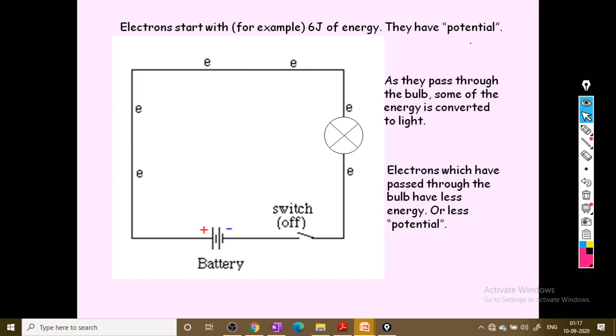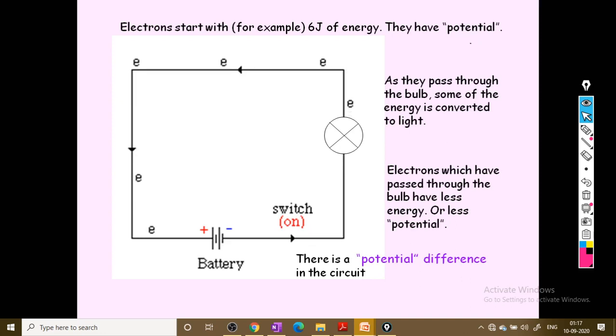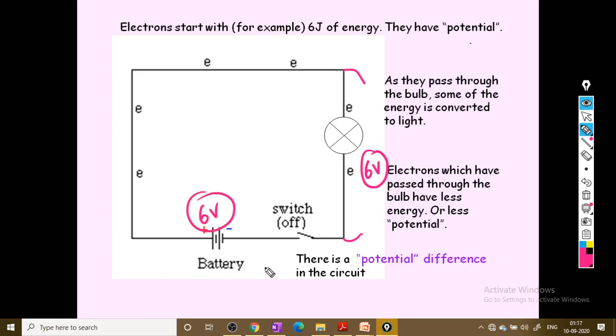As they pass through the bulb, some of the energy is converted into light energy. The electrons which have passed through the bulb, their charge is used by the bulb. Now they have less potential energy. If I measure the potential difference here and here, it will be 6 volts, if this cell is 6 volt.